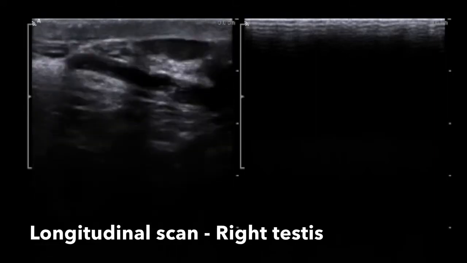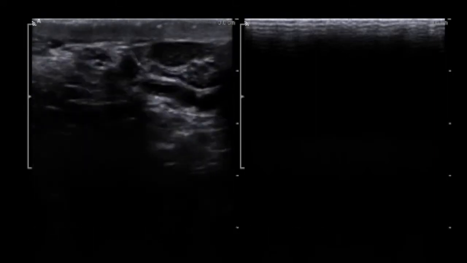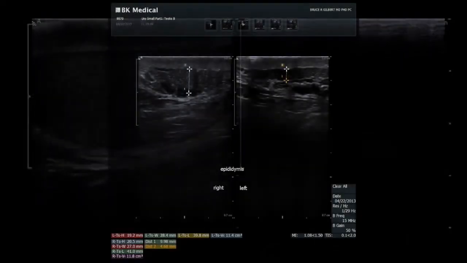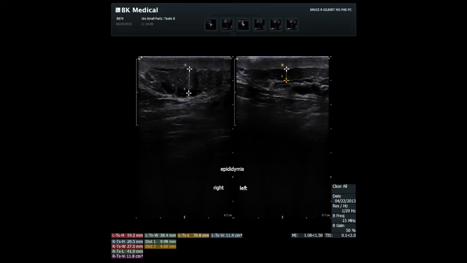A longitudinal scan of the right hemiscrotum shows similar findings. As shown here, the epididymis was approximately 1 centimeter on the right side and approximately 0.8 centimeters on the left.